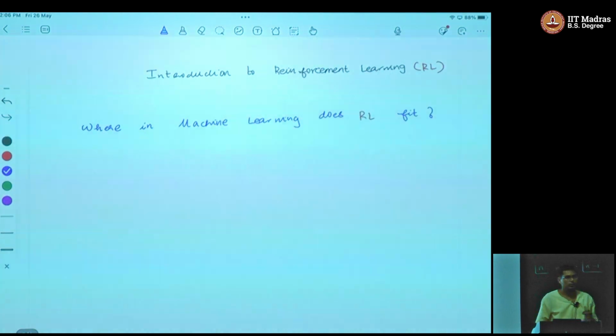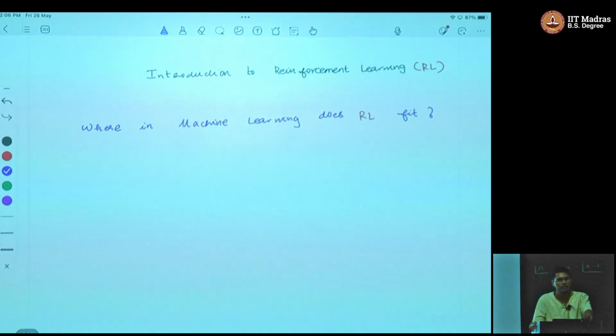That's what we are going to first understand. That would be one of the goals of this session, to understand in the overall scheme of things where reinforcement learning sits in machine learning.